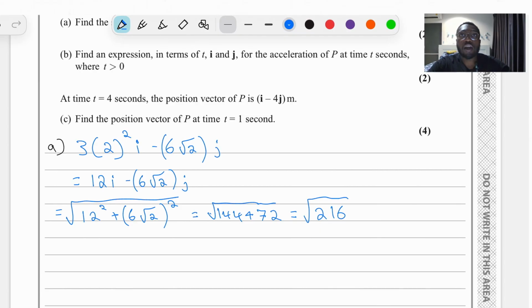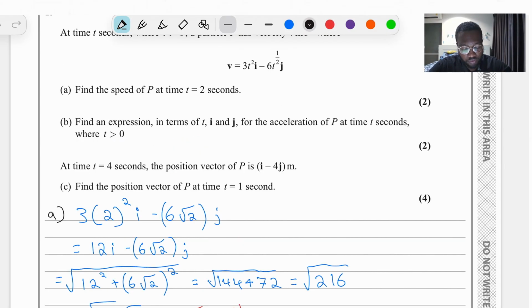Think of the highest square number factor. I know that 216 is 6 cubed, 6 times 6 times 6, so it's going to be root 36 root 6. Therefore that is 6 root 6. And it's speed, so you can write meters per second.